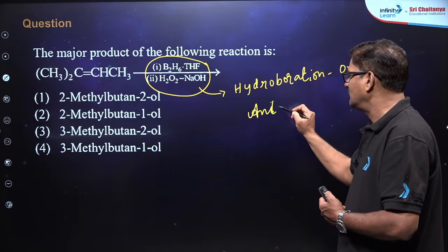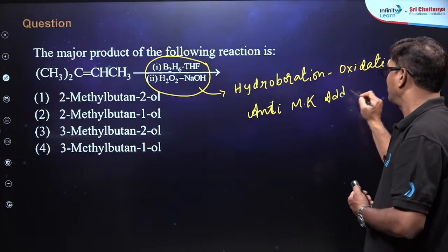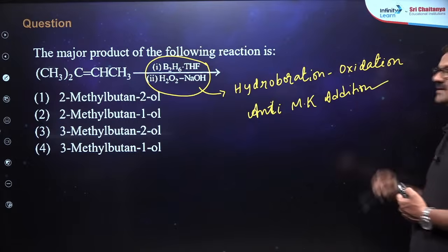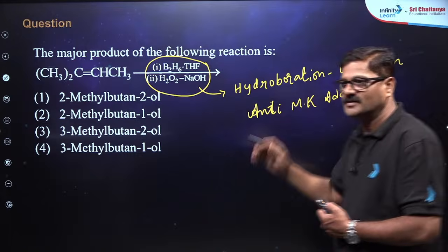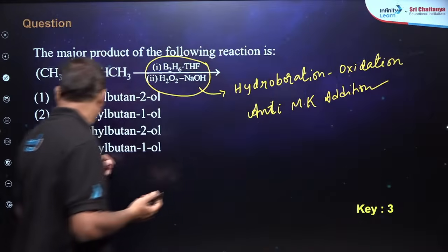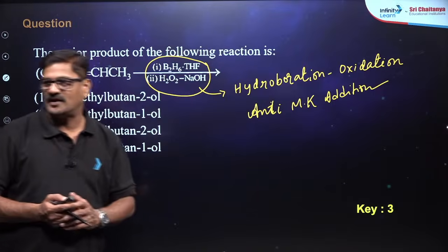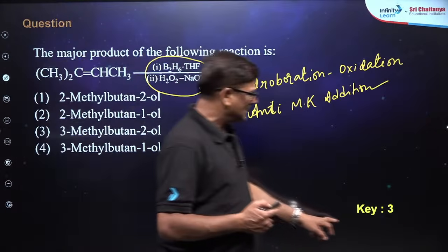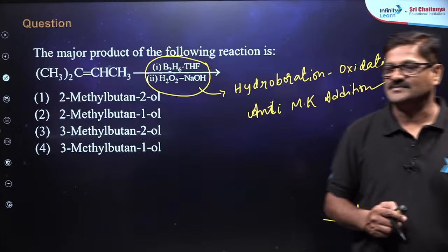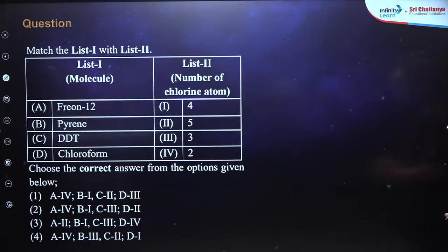Anti-Markovnikov addition. It is anti-Markovnikov addition. Alkene is going to be converted into alcohol, so it is going to be 2-methyl butan-2-ol is going to be the product. Yes, fine, Arpit Pandey, you have given option 3 as the correct answer. That's good, fantastic, wonderful.